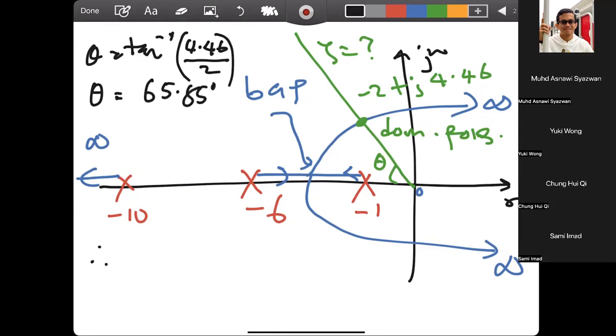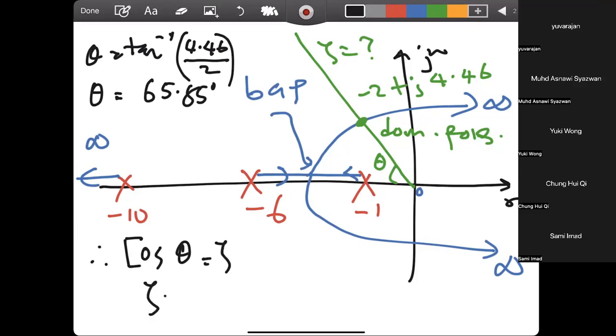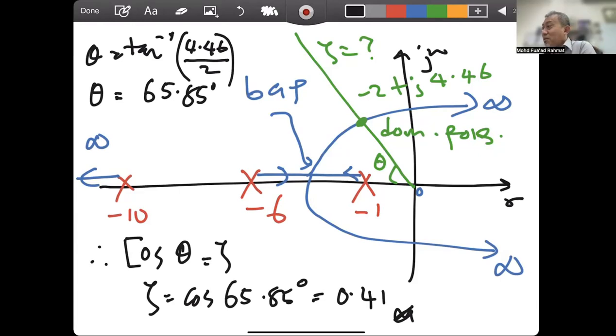So therefore, zeta is cos theta, which is 0.41. Okay, thank you. So that's how we calculate the theta and zeta.